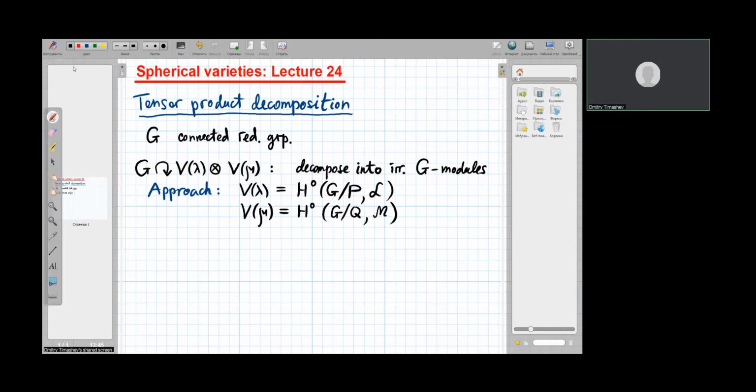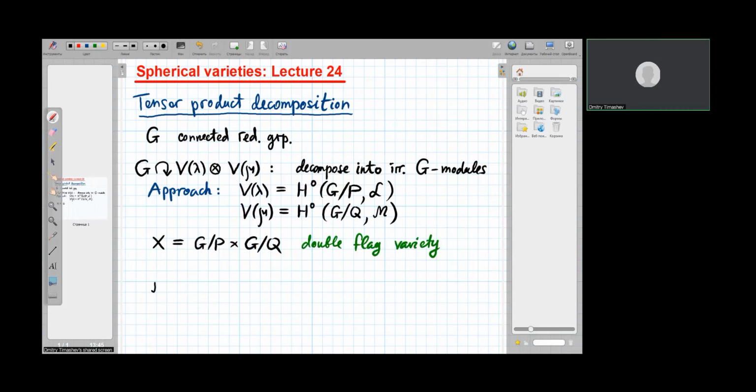Now consider what is called a double flag variety. So let me denote by X the direct product of G over P and G over Q. These kinds of varieties are called double flag varieties. And over this double flag variety, we have a line bundle.